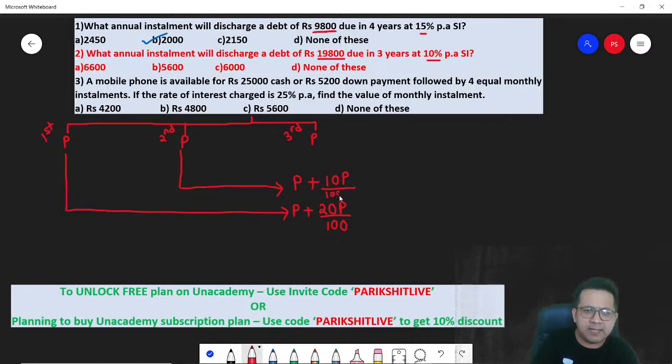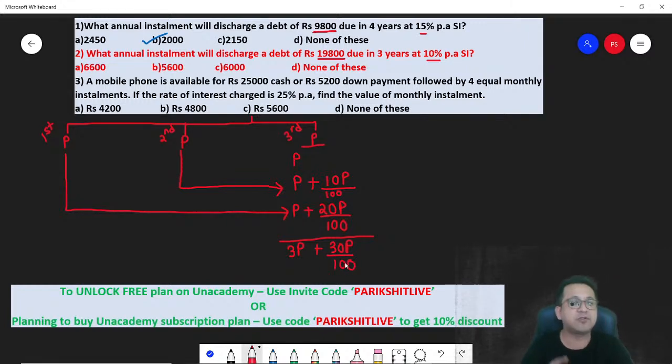And whatever money you return at the end of 3 years, the bank cannot do anything. It has no extra time to earn interest on it. So can I say at the end of 3 years, in the bank savings account, P plus P plus P is 3P, 3P plus 30P by 100 is the money at the end of 3 years.